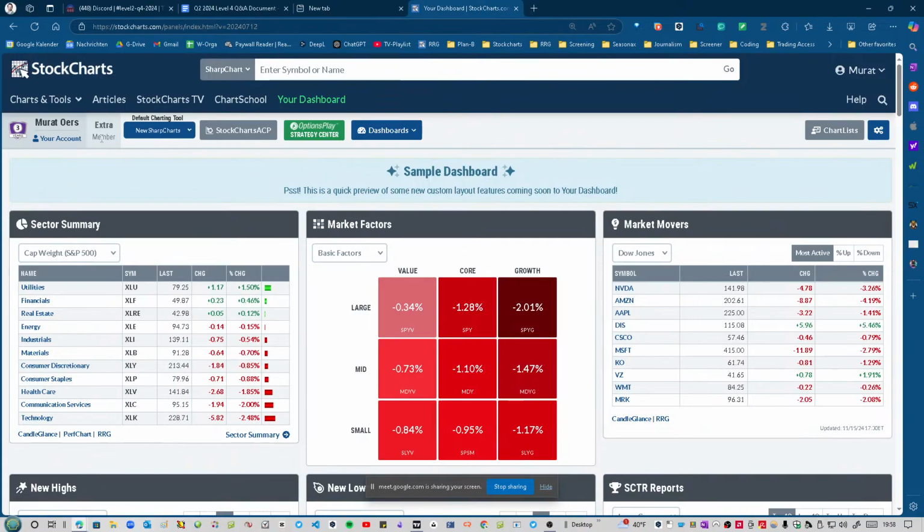Even with a free membership, you still have access to a lot of stuff here. I have an extra membership because I use a lot of stuff, and with a longer period in the price charts and so on.